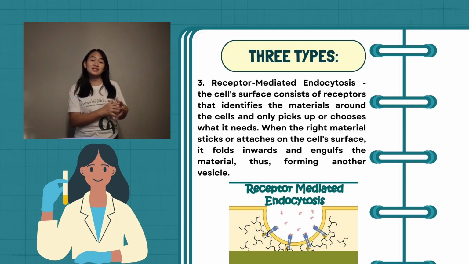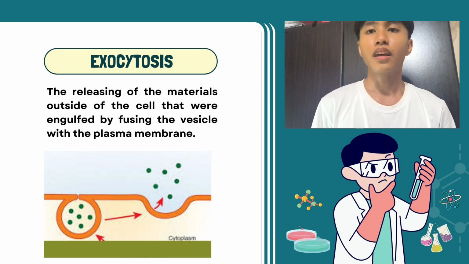Lastly, in receptor-mediated endocytosis, the cell surface consists of receptors that identify the materials around the cell and only pick up or choose what it needs. When the right material attaches on the cell surface, it folds inwards and engulfs the materials, thus forming another vesicle.